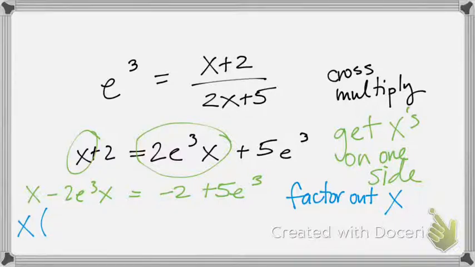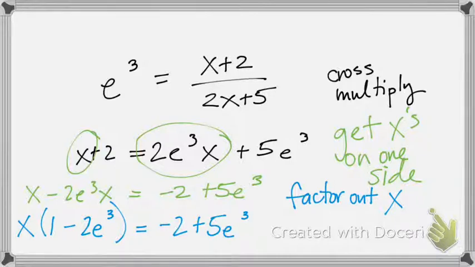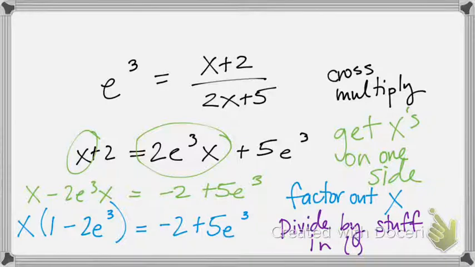So when I factor out x, I'm left with 1 minus 2e to the third. And then my final step is I divide by the stuff in parentheses. And I leave it be. There will be no simplifying after that.